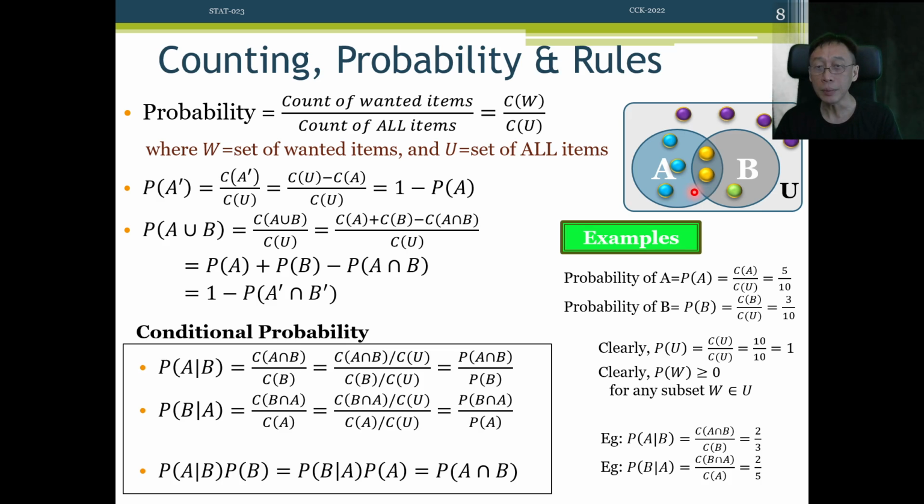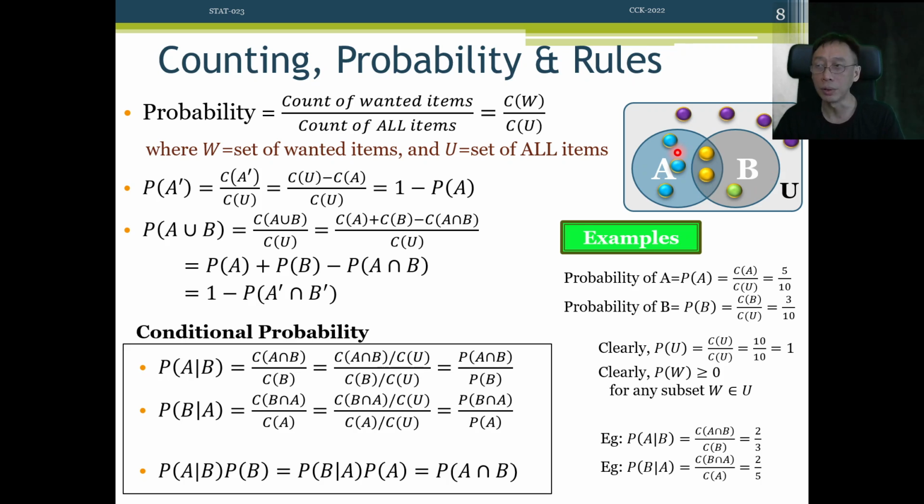So for example, A could be tall students, B could be male students, and the 2 yellow balls represent 2 students who are both male and tall.